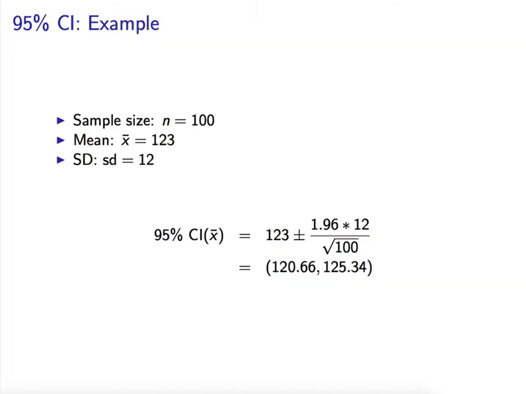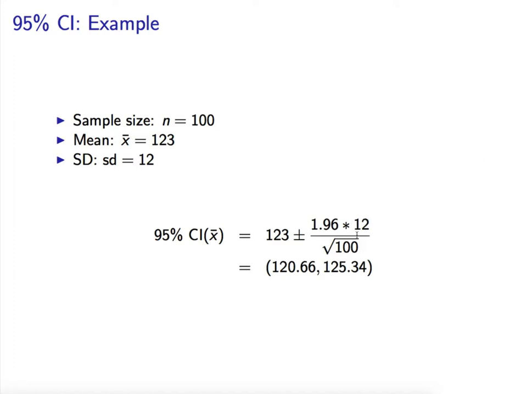So let's say that we are studying a population and we have a sample of 100 systolic blood pressure samples. Our sample mean is 123 and our sample standard deviation is 12. What is our confidence interval? So the standard error of our estimate is defined here.